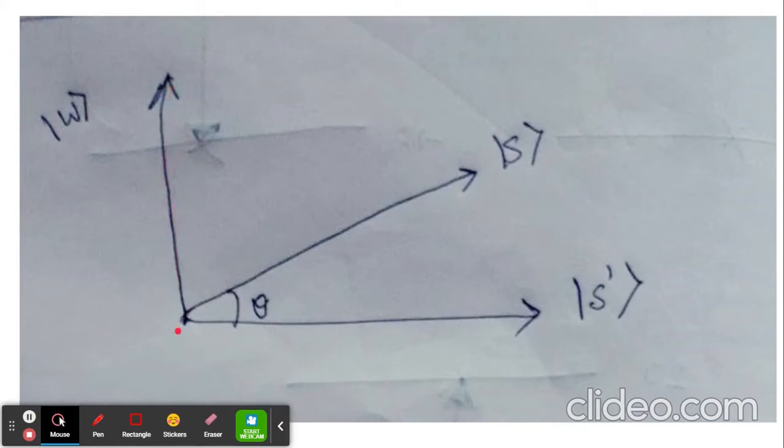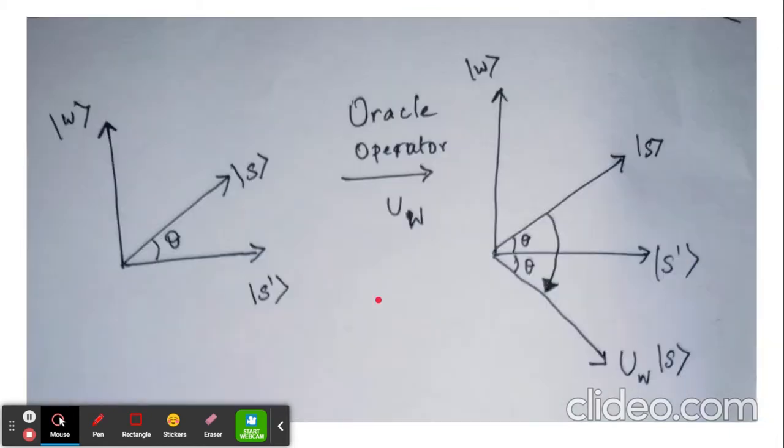So you have W and S, and you have S dash. When the oracle operator acts, what it does is reflect S about S dash, or reflect the S state about the X axis. So you see S got reflected about this, and now it became this UWS state.